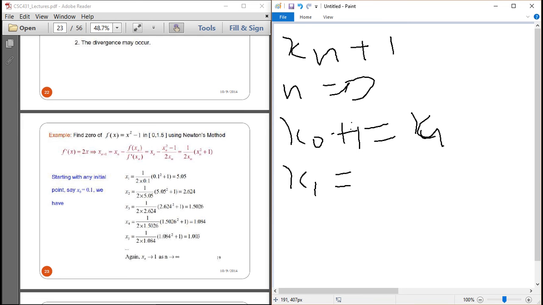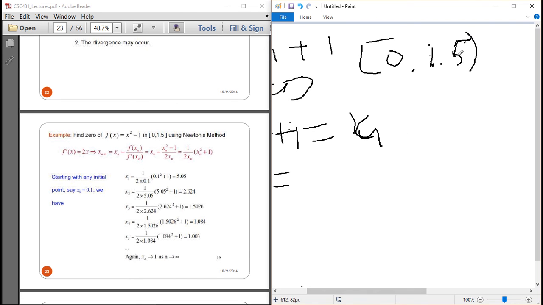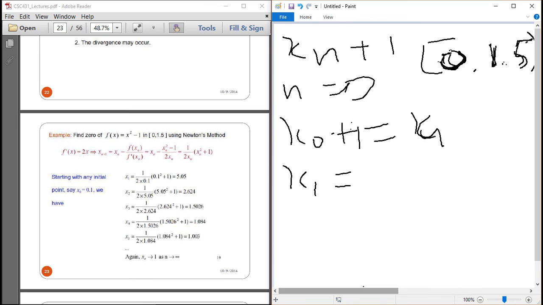Since you don't have x naught, you have to assume a value for it. I advise you to always choose a value for x naught that is as close to the lower bound as possible. Our lower bound here is 0, and the upper bound is 1.5. It's always better to choose a value closer to the lower bound as much as possible. That's why we have 0.1 here. So 0.1 is our x naught.